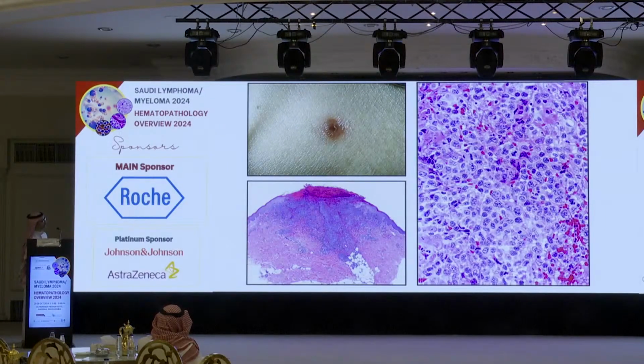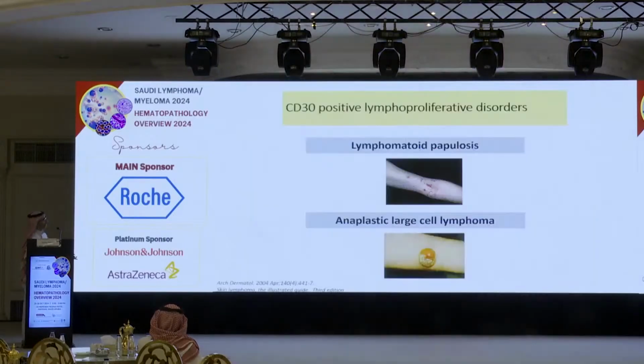With this shape, large cells, typical. They are CD30 positive, and they present as a group of papules that come and go, leaving scars. Differential diagnosis: anaplastic large cell lymphoma, usually a single lesion, large in size, more than 2 centimeters according to some authorities.